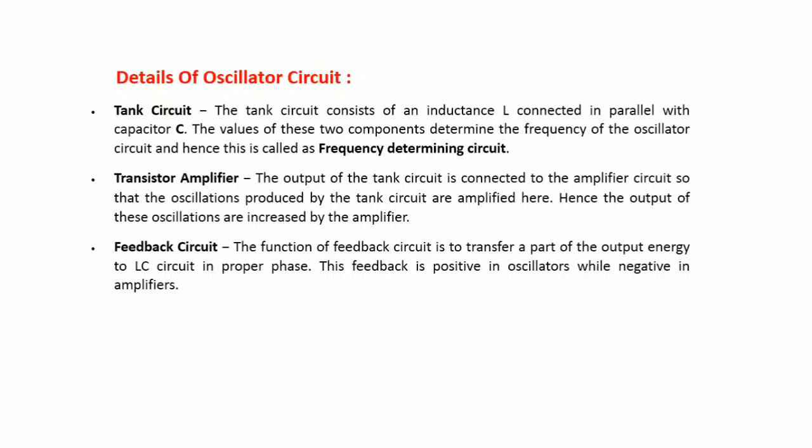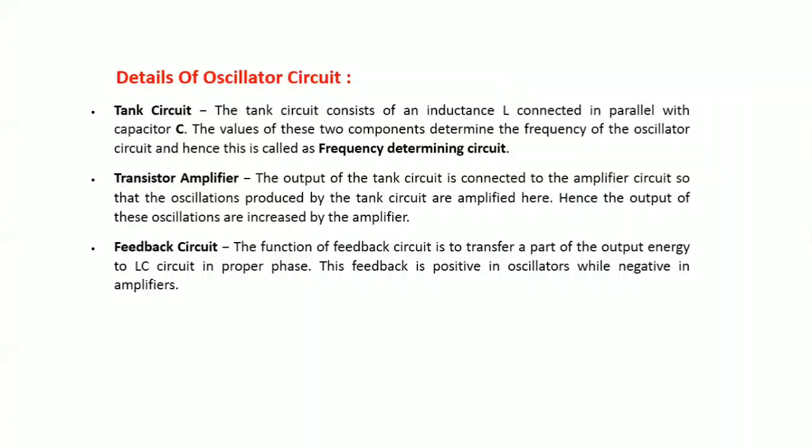The values of these two components determine the frequency of the oscillator circuit. Second, the transistor amplifier. The output of the tank circuit is connected to this amplifier circuit so that the oscillations produced by the tank circuit are amplified, and hence the output of the oscillations increases.